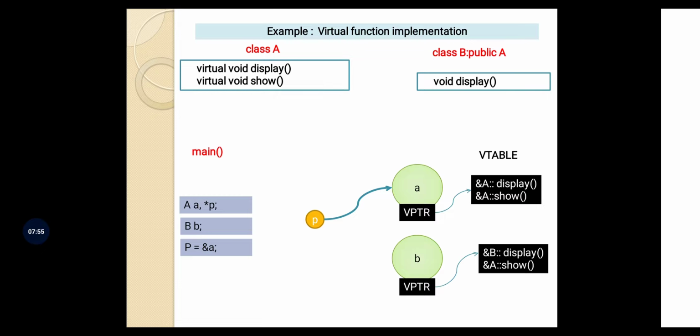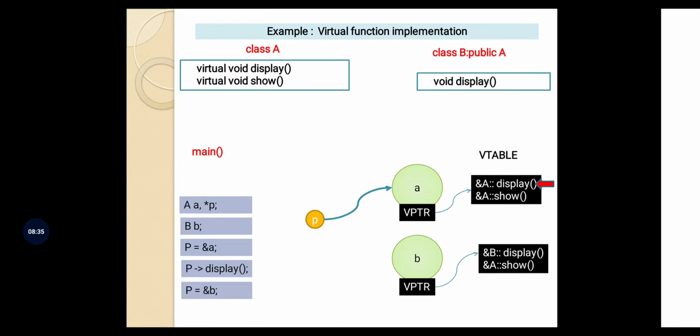Now what we do is we take this pointer and point to the object of the derived class. So when we point to an object of the derived class, this is what exactly happens. If you notice, the object of the derived class has a virtual pointer, and this P, which is pointing to that object, knows only two functions from the virtual table. Which are those two functions? It knows the display of the derived class and the show of the base class. So if the pointer P invokes display now, which display will be called?